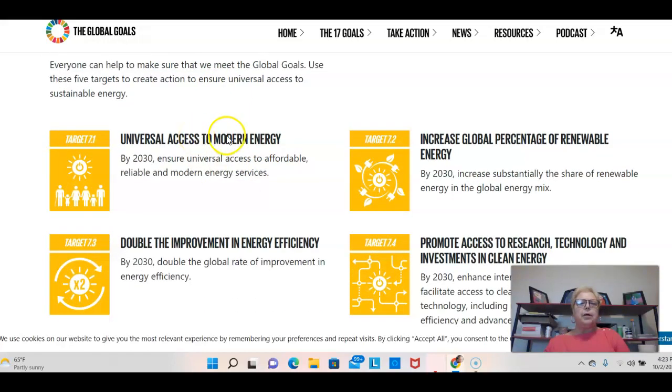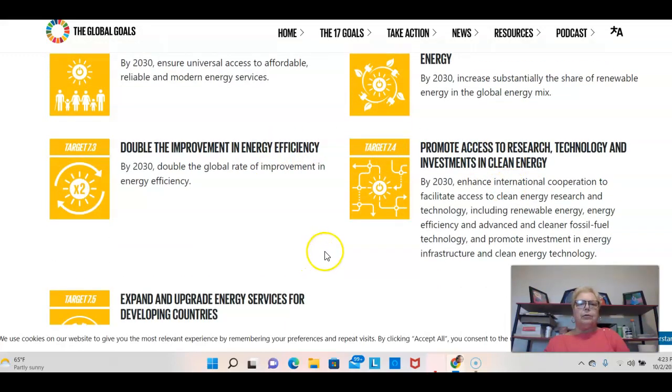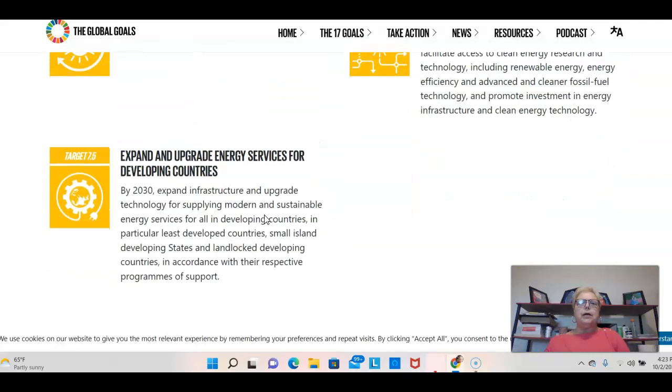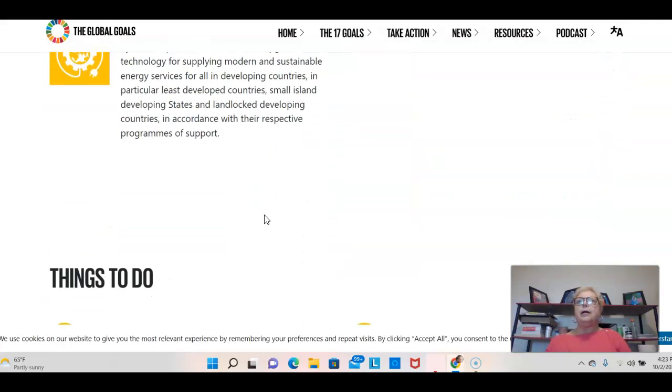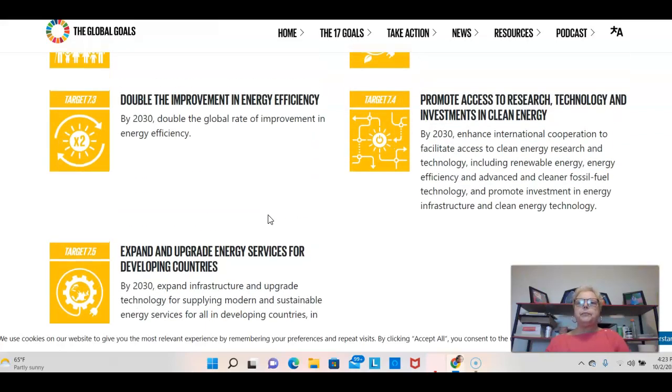Universal access to modern energy, double the improvement in energy efficiency, increase the global percentage of renewable energy, etc. These are all things that they hope to get to by 2030.